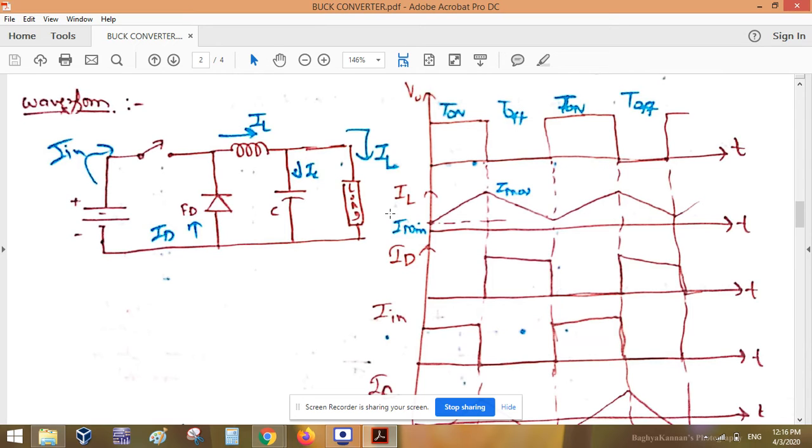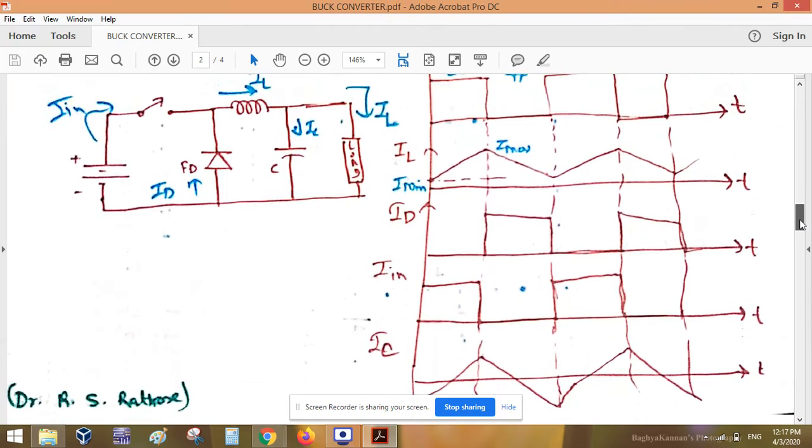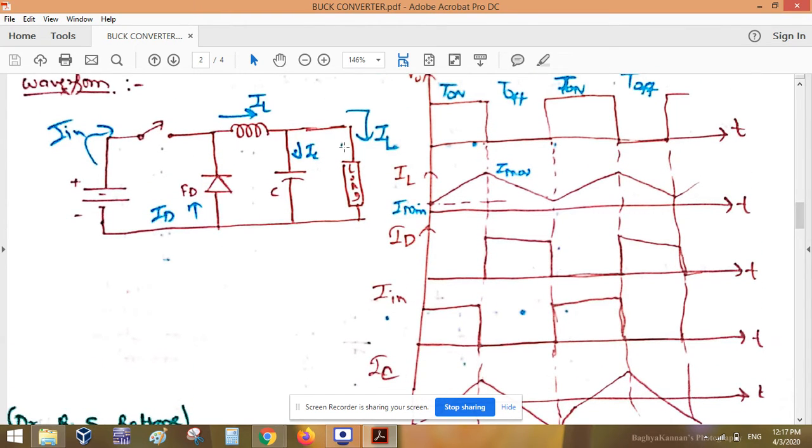To discuss the output waveform, first let us assume that the supply voltage is producing an input current I in, this is the diode current ID, this is your inductor current IL, this is your IC, and please write this as I naught, the output current, otherwise we will mix them up.